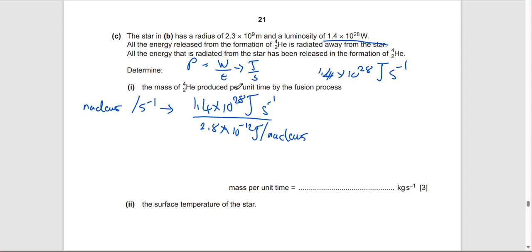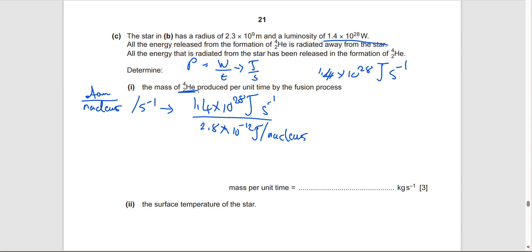Then now we have the number of atoms or nucleus per second, right? Now we also know that the mass of one atom or nucleus is equal to 4u.